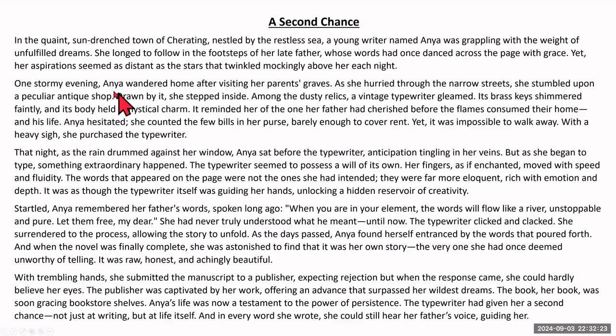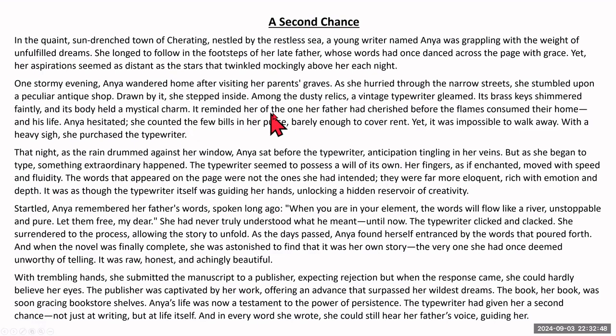One stormy evening, Anya wandered home after visiting her parents' graves. As she hurried through the narrow streets, she stumbled upon a peculiar antique shop. Drawn by it, she stepped inside. Among the dusty relics, a vintage typewriter gleamed. Its brass keys shimmered faintly, and its body held a mystical charm.